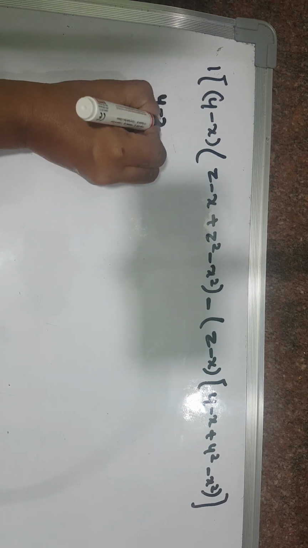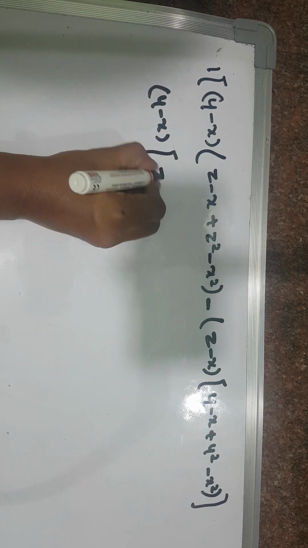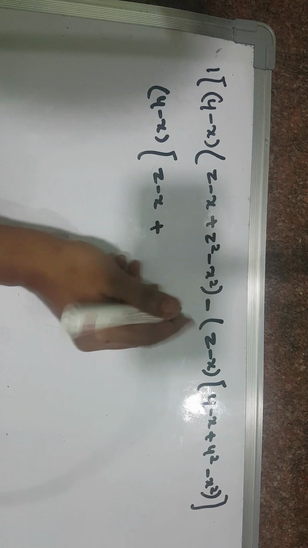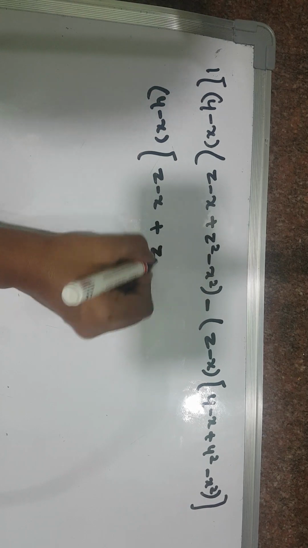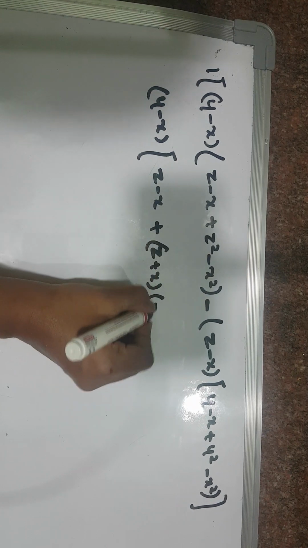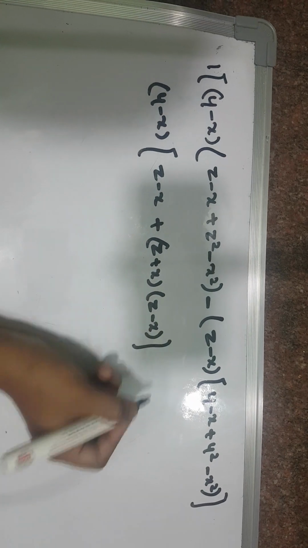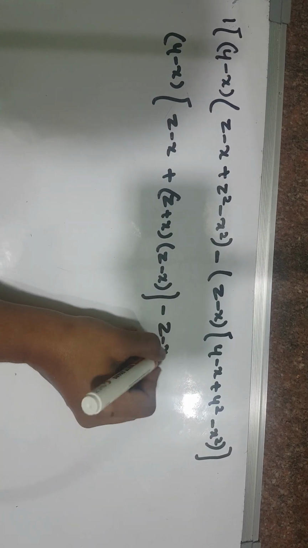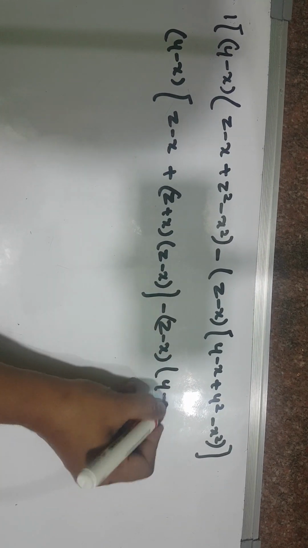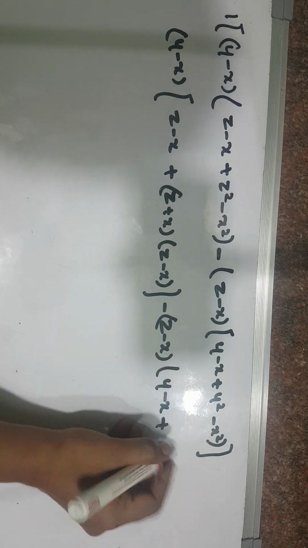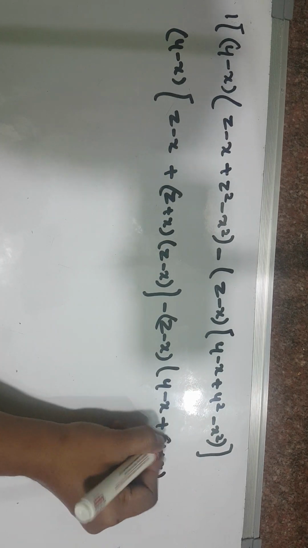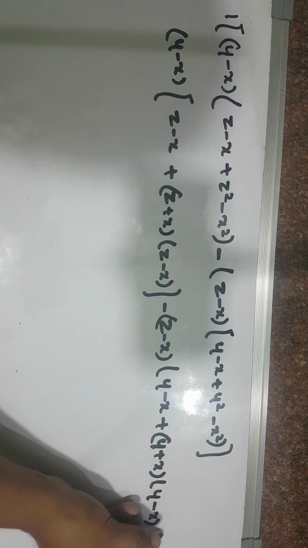So y minus x and z minus x. I am writing this using the a square minus b square formula, z plus x into z minus x, and the other one is z minus x into y minus x, which is also the a square minus b square formula, y plus x into y minus x.